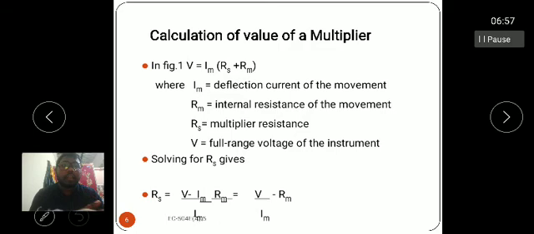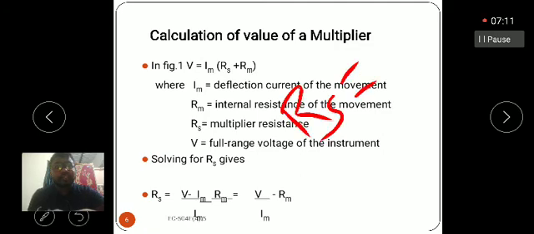With the help of this formula we calculate the Rs. First we separate the Rs.